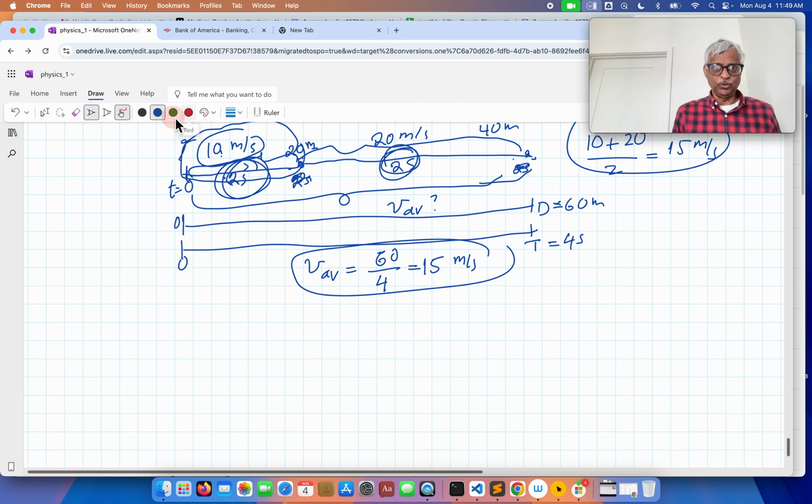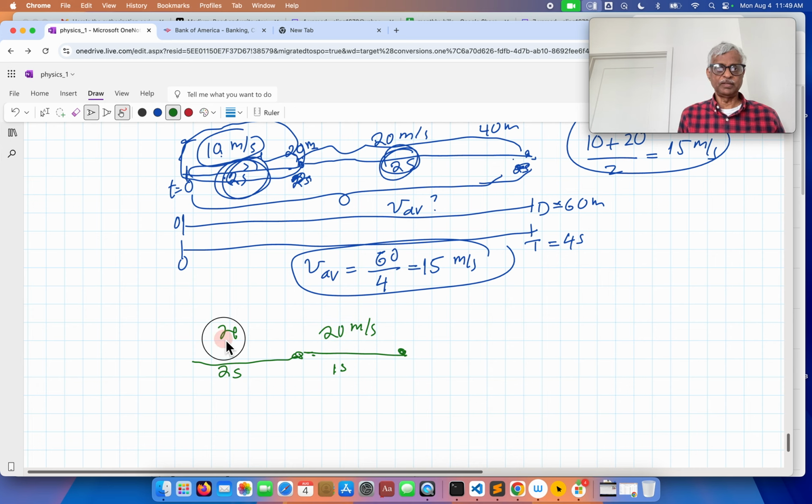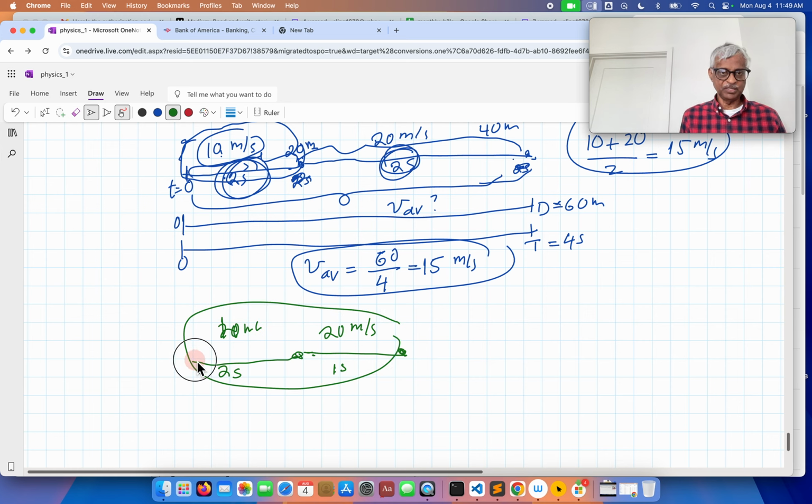So to trick you, if I were making a question, I'd say, oh, go 2 seconds here at 10 meters per second, but maybe just go 1 second here at 20 meters per second. Now do the average speed from here to here. We do exactly the same thing. So total time here is 3 seconds.